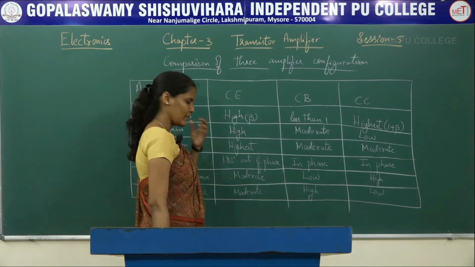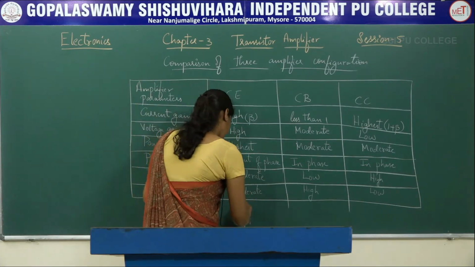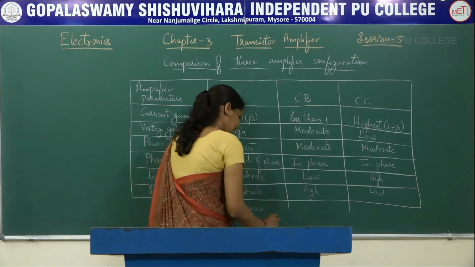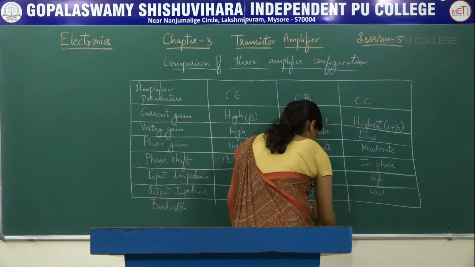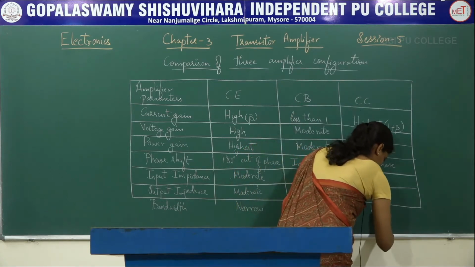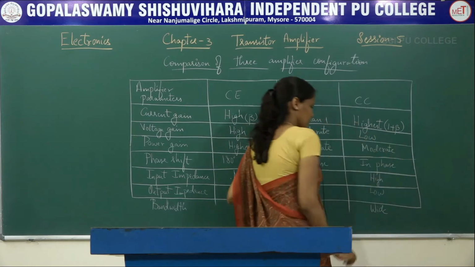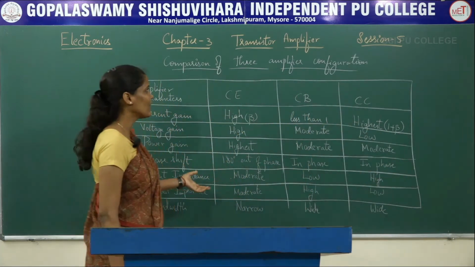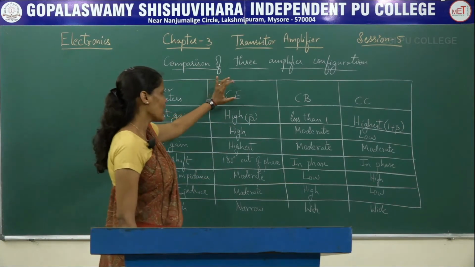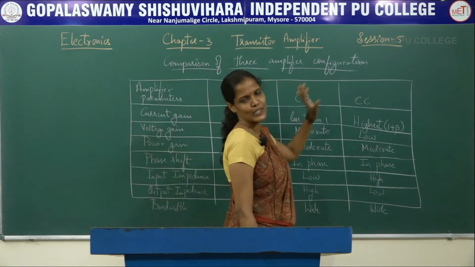Here in the common emitter configuration the bandwidth is narrow, whereas in these two configurations the bandwidth is wide. So this is the comparison table of three amplifier configurations, that is common emitter, common base as well as the common collector configurations.